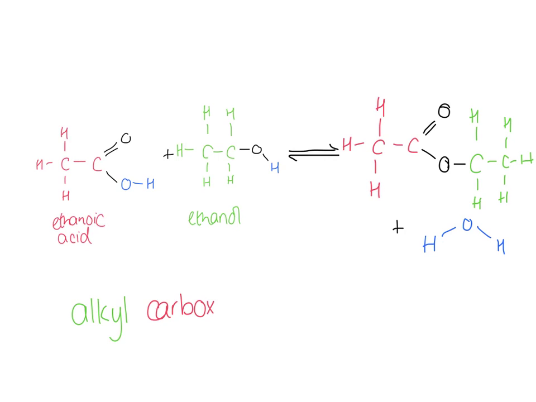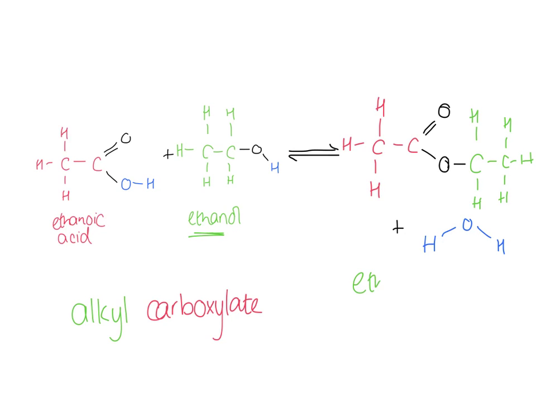The alkyl part of the name comes from our alcohol. So these can be quite confusing if you get them mixed up, but how I think of it is alcohol, alkyl, they kind of sound the same. So the alkyl part comes from the alcohol, and so it's going to be ethyl because I've got ethanol.